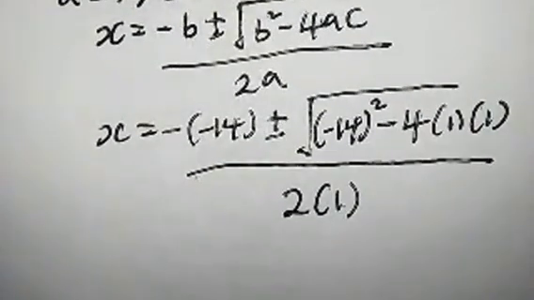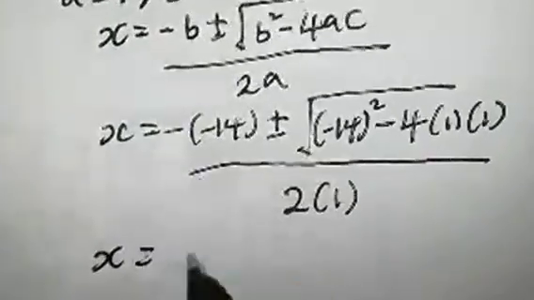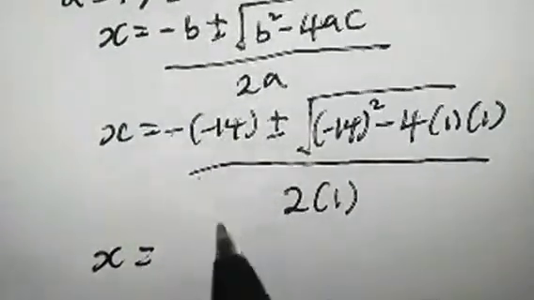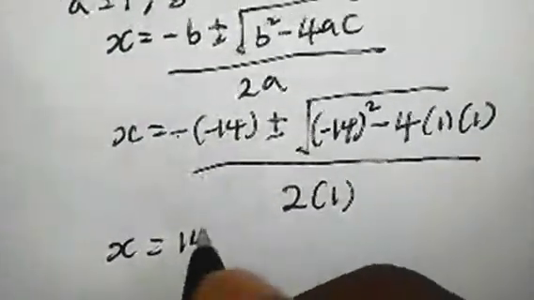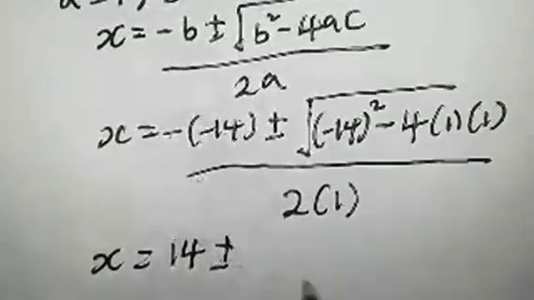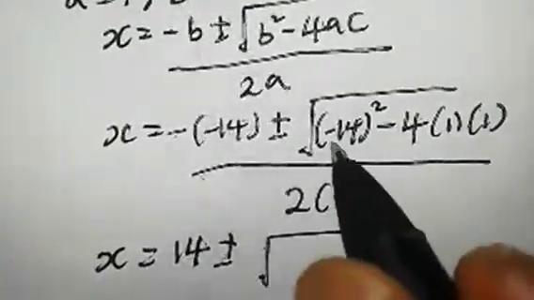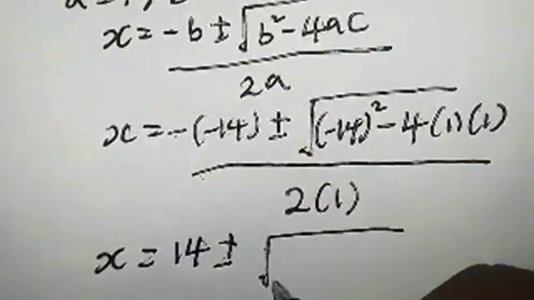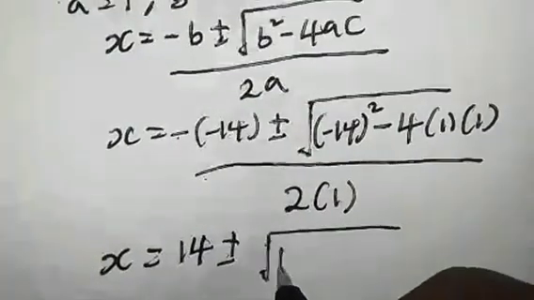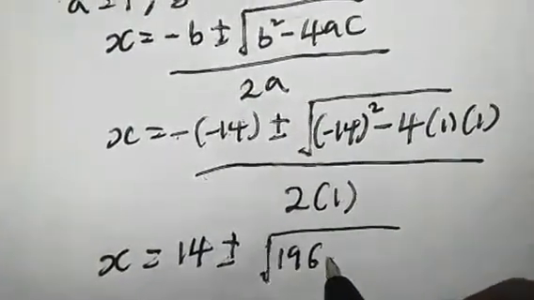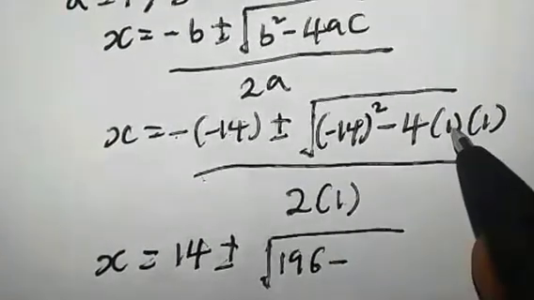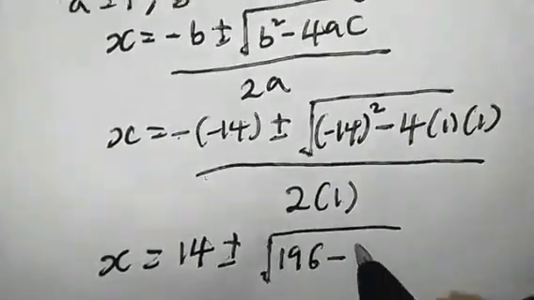Let's proceed further. x equal to minus times minus 14, that is 14, plus or minus square root of minus 14 all squared. If you plug into your calculator, that is 196 minus 4 times 1 times 1, that is 4.